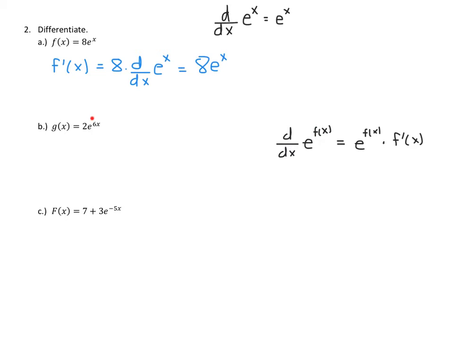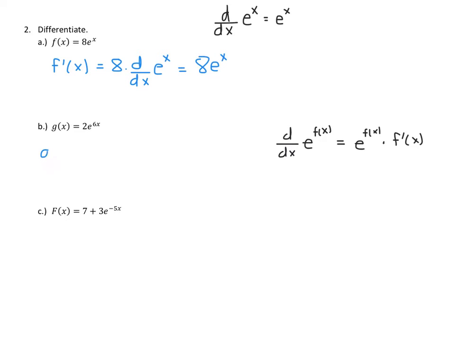So in this case we can think of that function as 6x. Then to find the derivative, we take e to the function times the derivative of that function. So we can just copy down e to whatever that function is, but we have to then remember to take the derivative of the function.